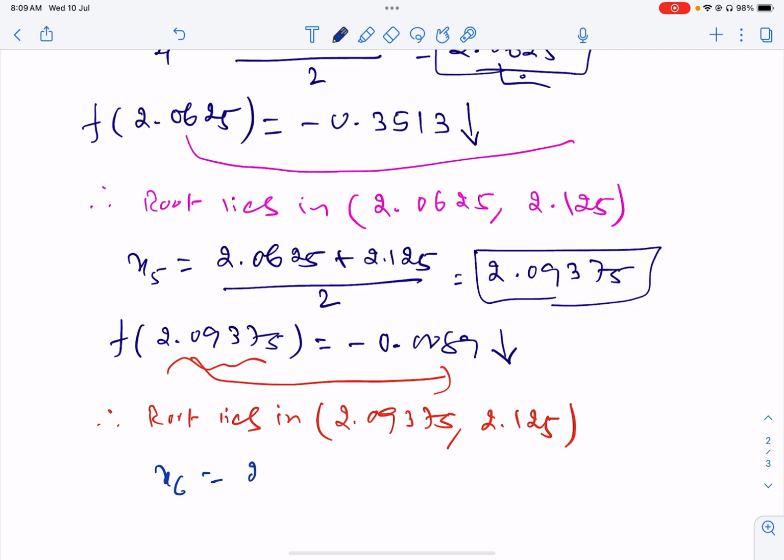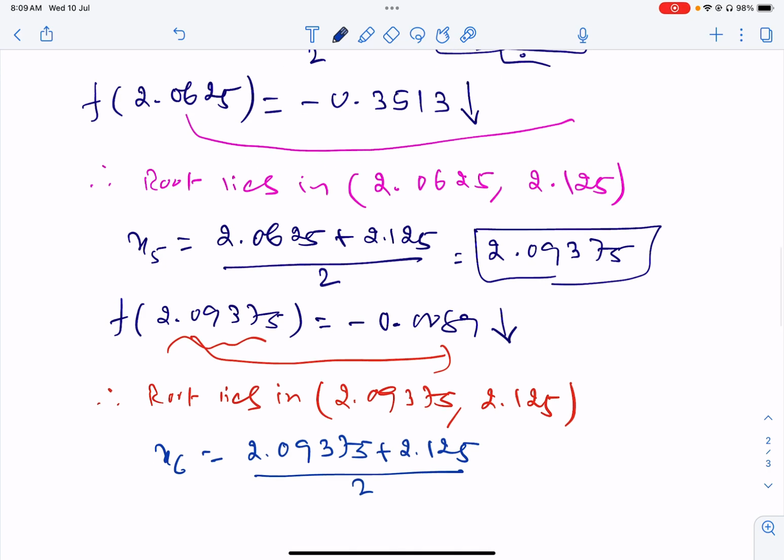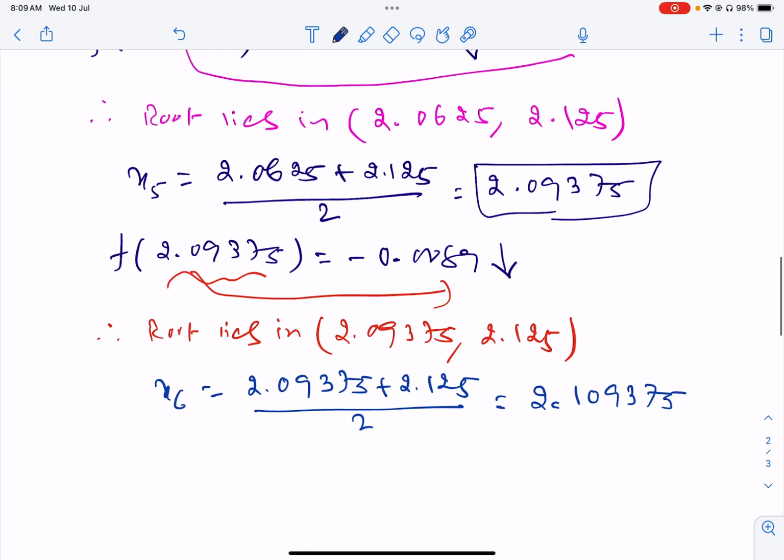So again we can take the midpoint, and that is x6. It is 2.09375 plus 2.125 divided by 2, and that is nothing but 2.109375.